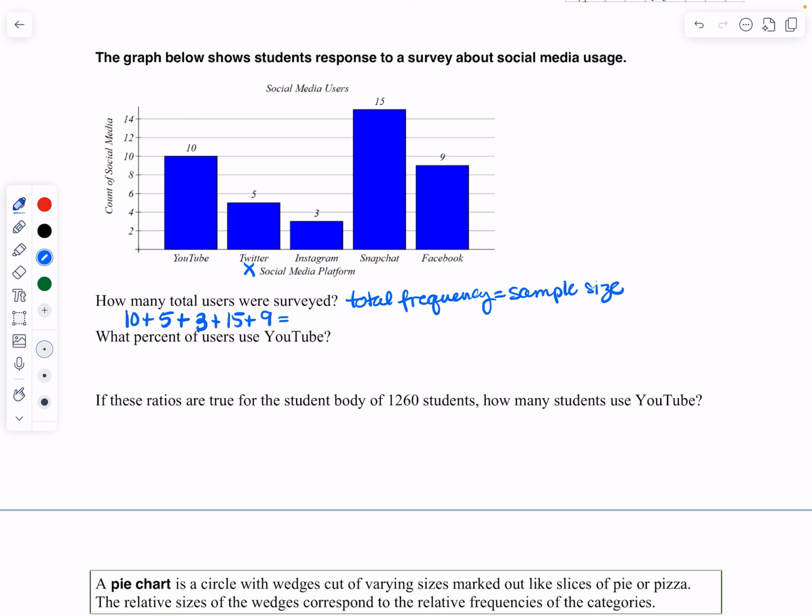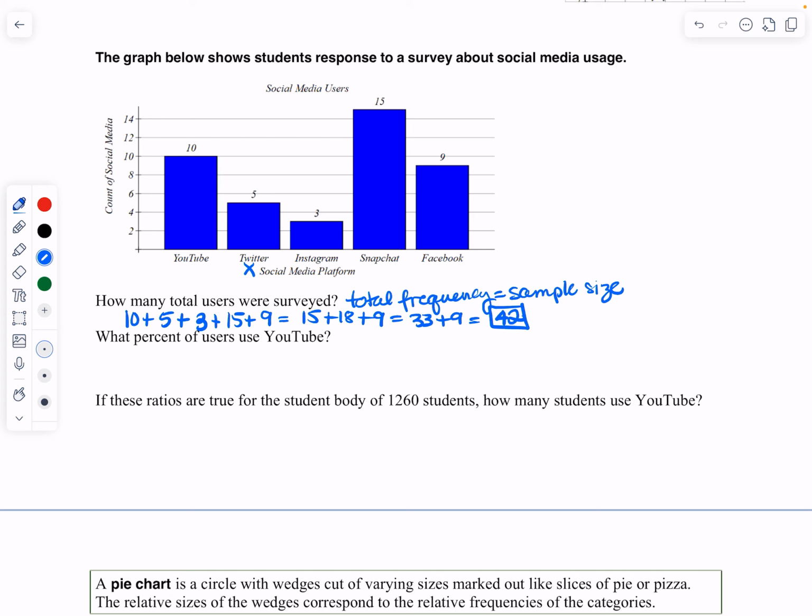Okay, so 10 and 5 is 15. 3 and 15 is 18 plus 9. All right, so let's add 15 and 18. That's 33 plus 9 will give me 42. Okay, again, I'm going to make sure my math is right, so I'm just going to quickly run this through the calculator here. All right, so 10 plus 5 plus 3 plus 15 plus 9, and that gives me 42.